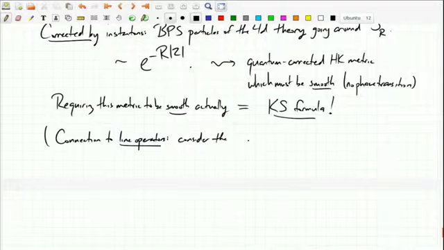So we've got our theory on a circle, and we have this line operator, or line defect, which we could actually wrap around the circle.